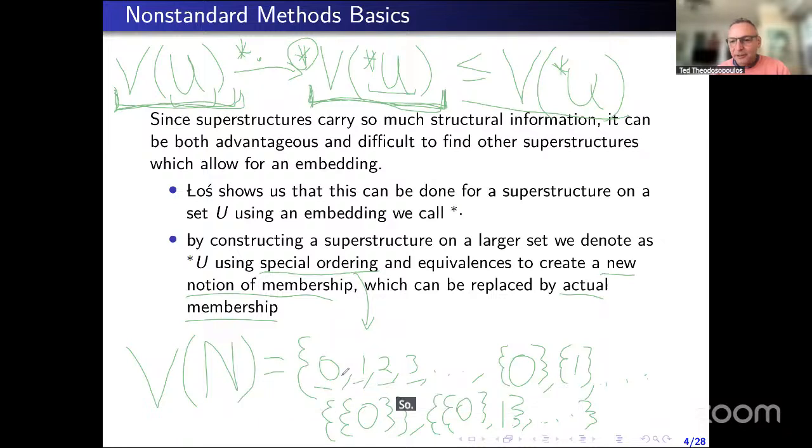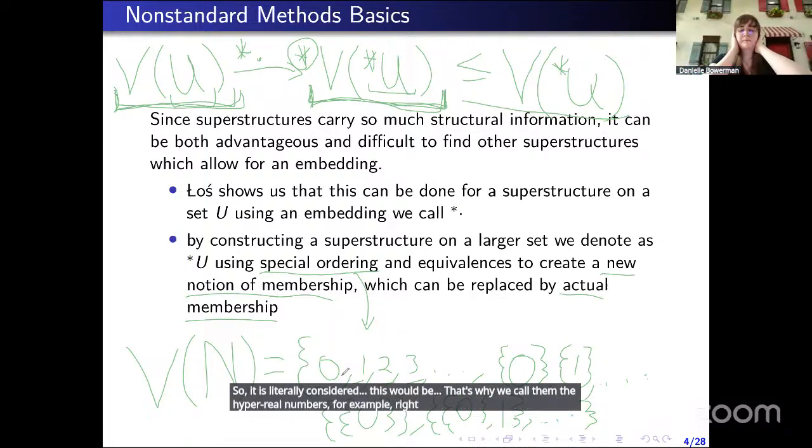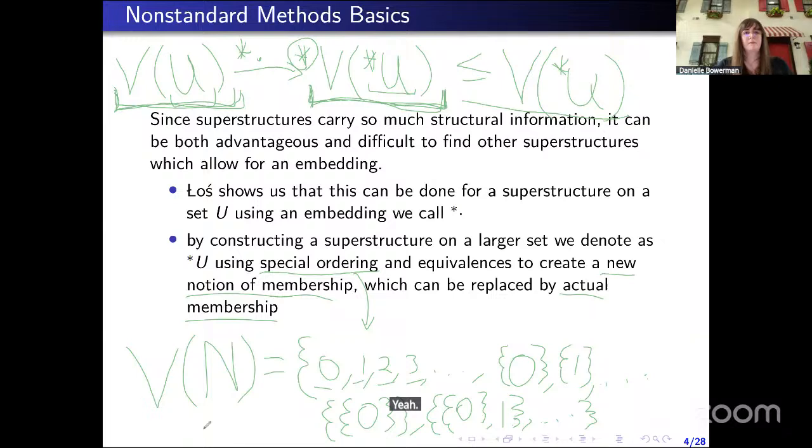That's why we call them the hyper-real numbers, for example, to make that connection, but it's more general. But that's given the stars. This is just the standard superstructure, so that will come up a little later. Any other questions? Okay.